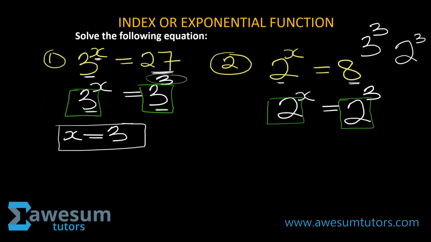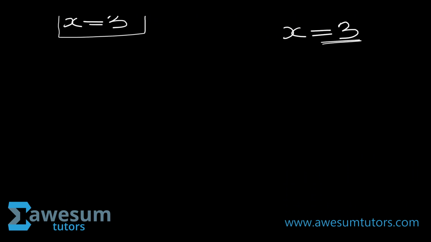That means the powers are x and 3, so they can be equal to each other. x equals 3. That means I've been able to find the value of my x to be equal to 3. Very good. Let's look at some other examples to better understand these concepts.